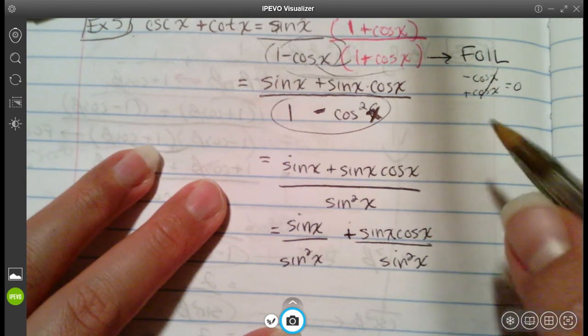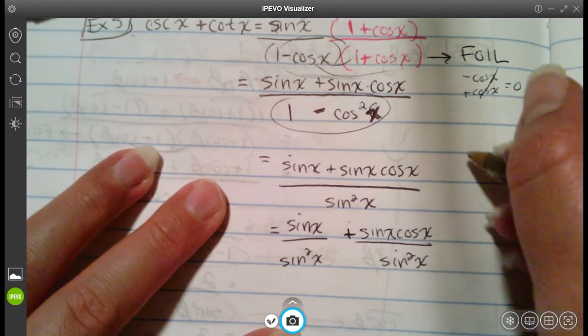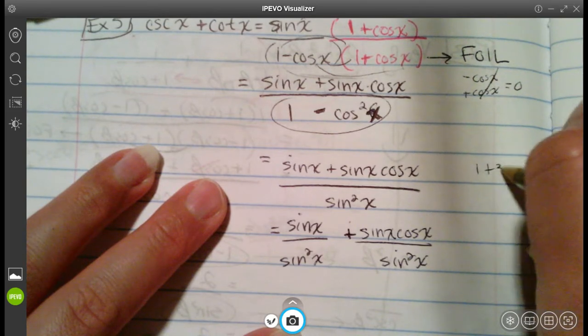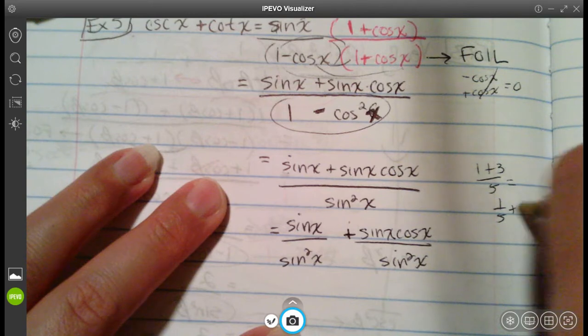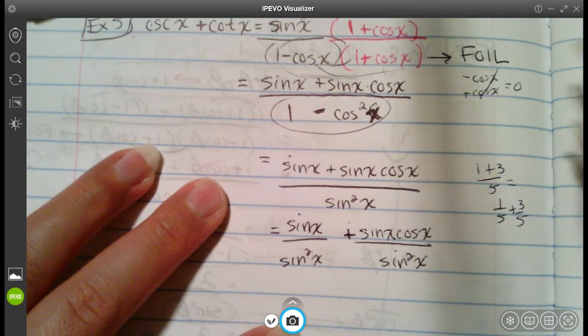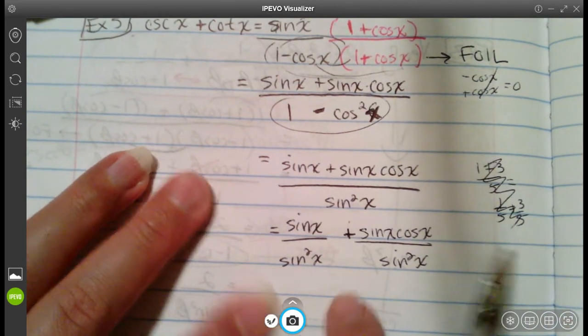Are we allowed to do that? Yeah, we're allowed to do that. It's kind of like saying 1 plus 3 over 5. You can say this is the same as 1 over 5 plus 3 over 5. Same deal.